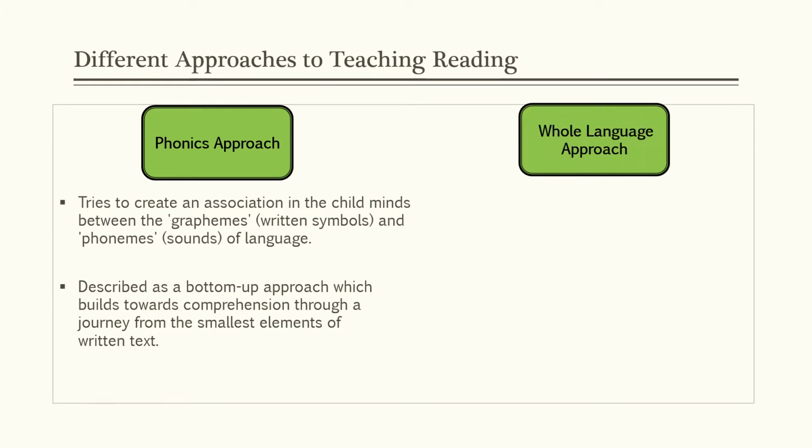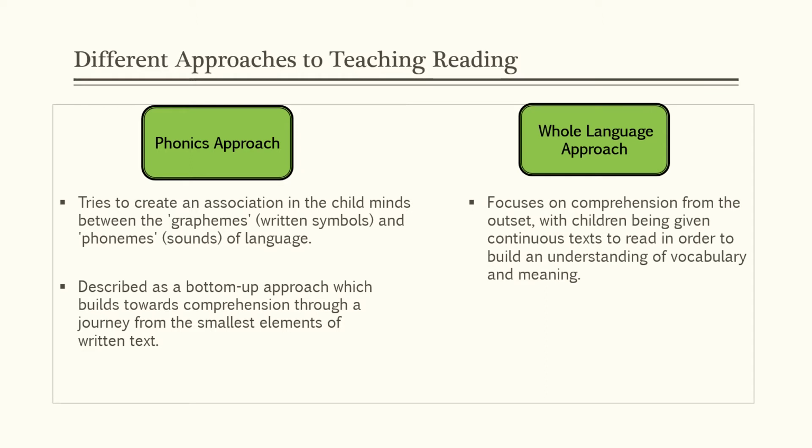And the other one is the whole language approach. It focuses on comprehension from the outset, with children being given continuous text to read in order to build an understanding of vocabulary and meaning. These texts will be short, often with words being repeated to help develop familiarity with certain key terms and concepts.